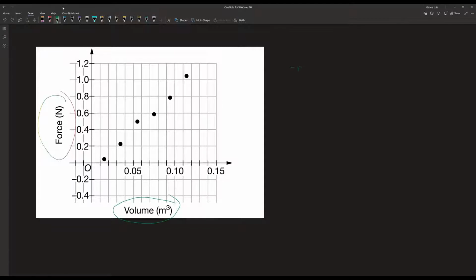Well, we need to measure the mass. For volume, we need to measure the radius at different sizes, measure the mass, measure the radius.